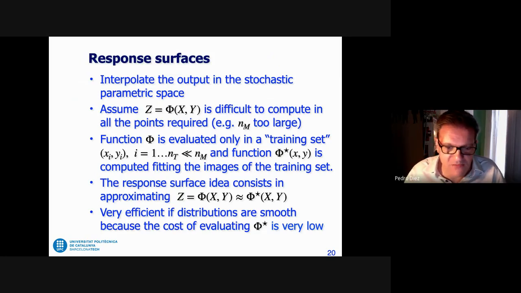So that's very interesting, and it still keeps the non-intrusive character. Of course, it relies on the possibility of approximating this function phi by a function phi star with a small number of samples. So if this is possible, if your function to be approximated is smooth, that's a very good alternative.